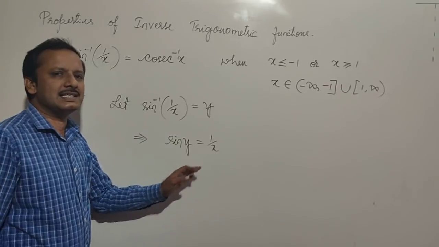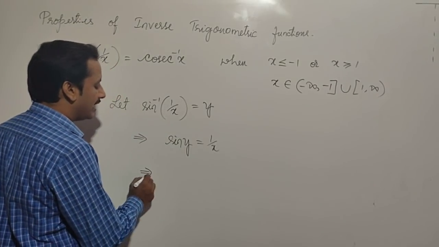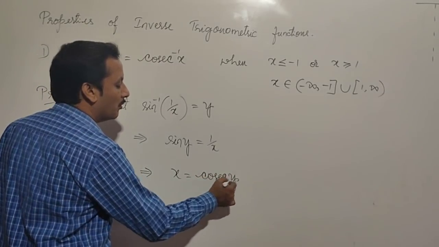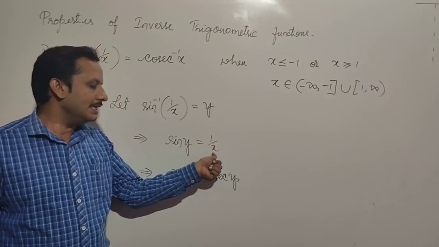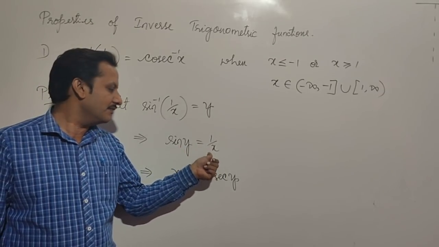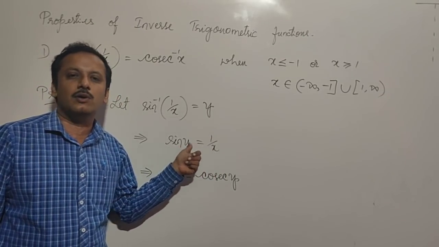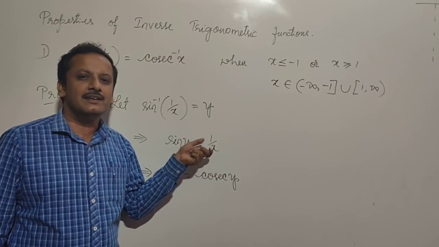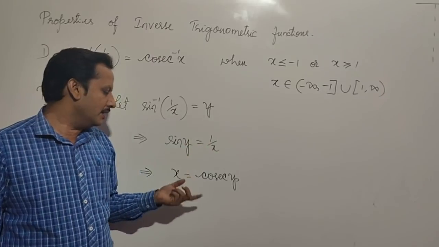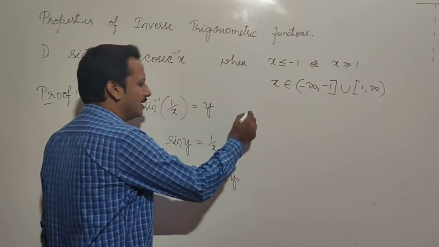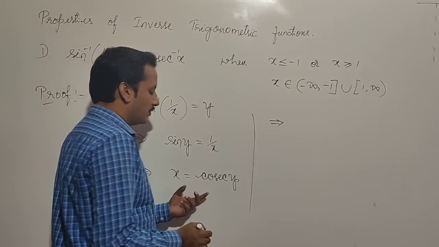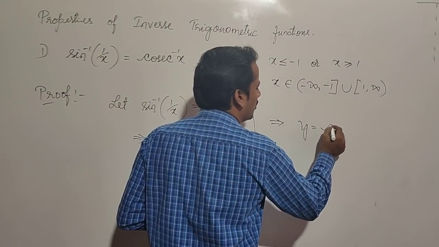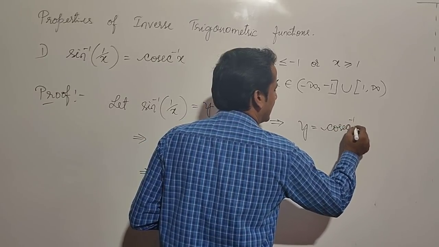When sin y is equal to 1 by x, we can write x is equal to cosecant y, because sin y equal to 1 by x will give you that x is equal to 1 by sin y, the reciprocal of sin y, which is cosecant y. So x is equal to cosecant y. By definition of the cosecant inverse function, we can write y is equal to cosecant inverse x.